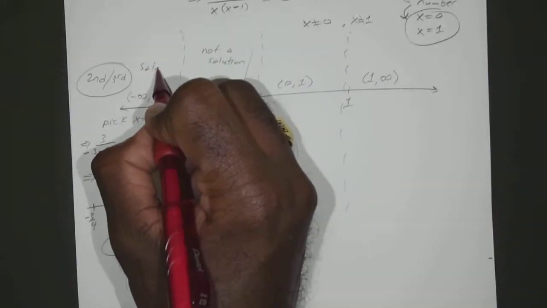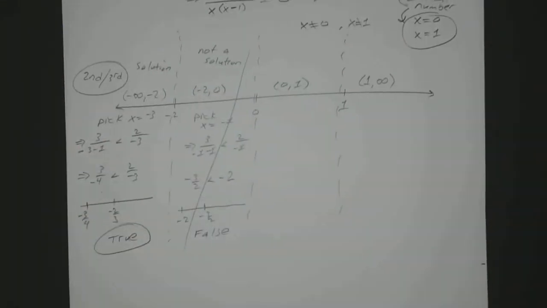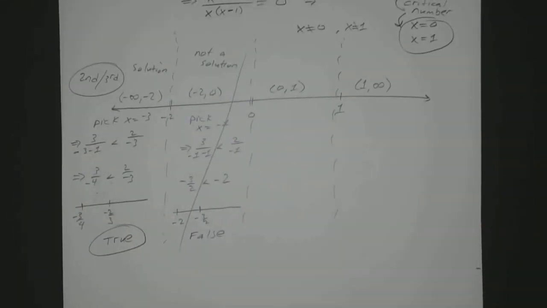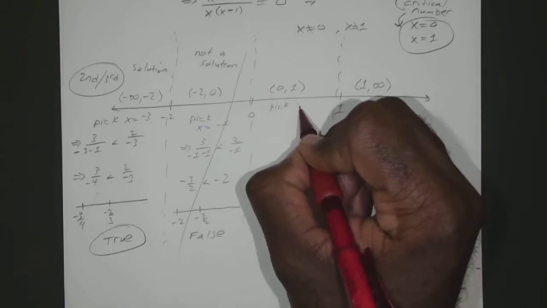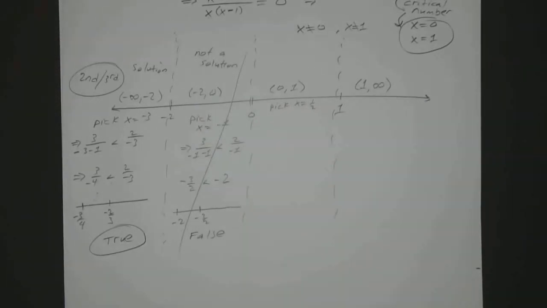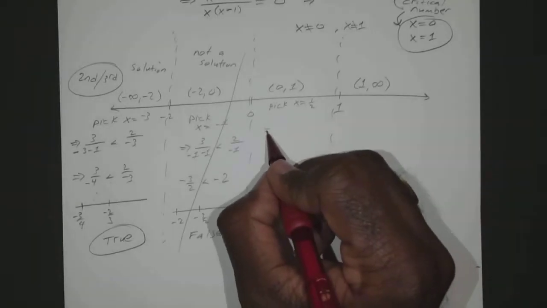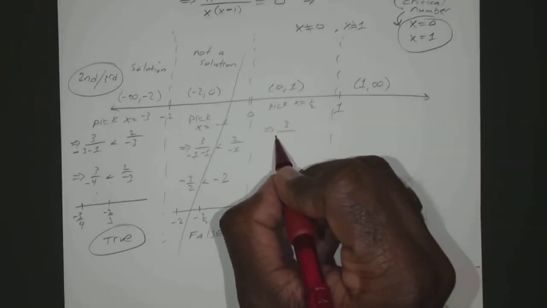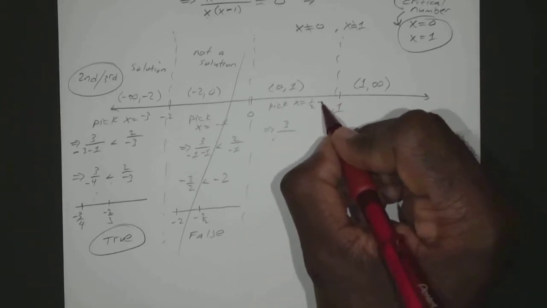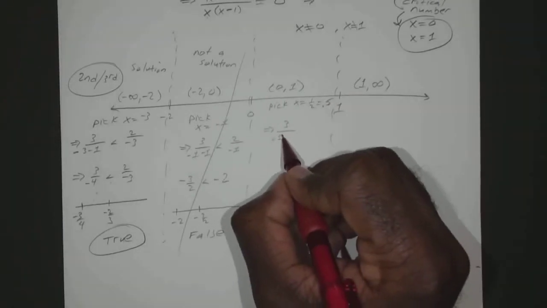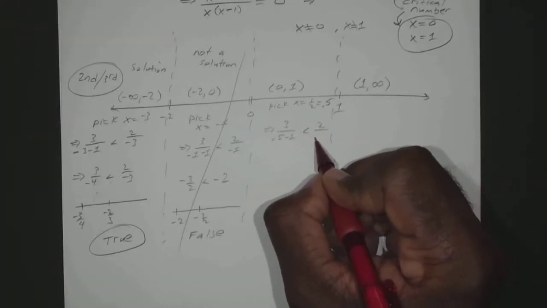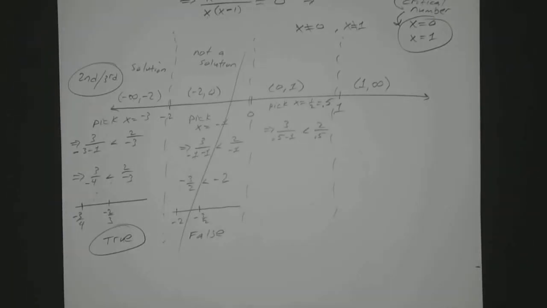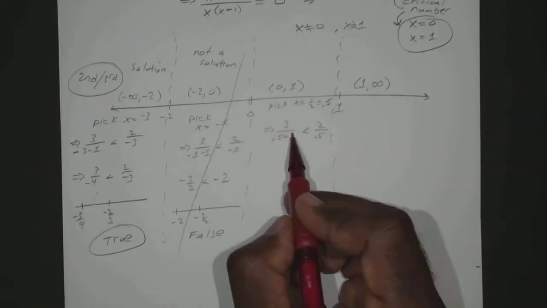And this one is, let me mark that. Okay. So between 0 and 1, you can pick 0.5 or 1/2. Okay, so we'll make x equal 0.5. So you have 0.5 minus 1 is less than 2 over 0.5. Okay.